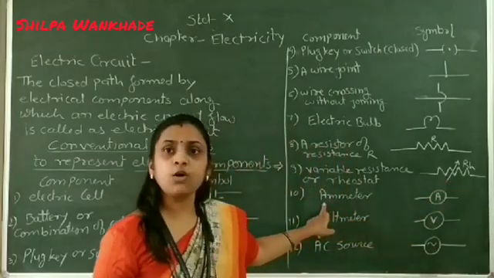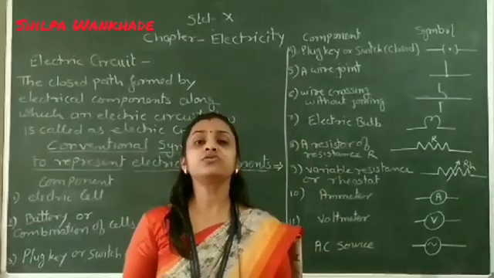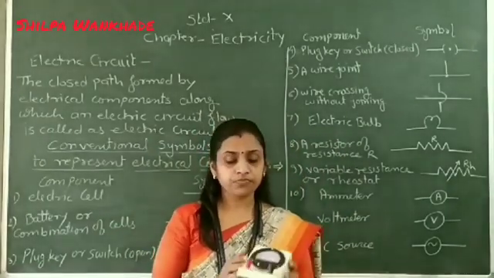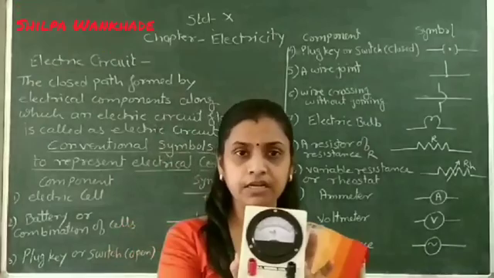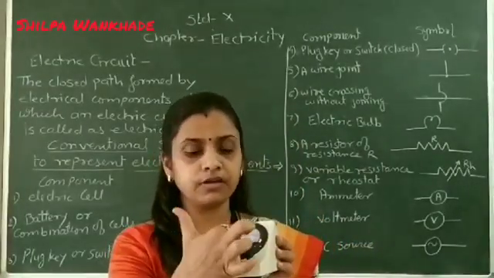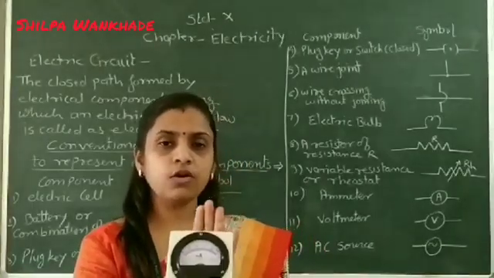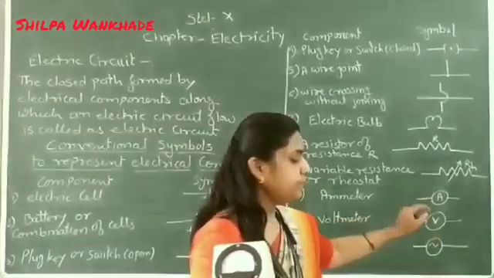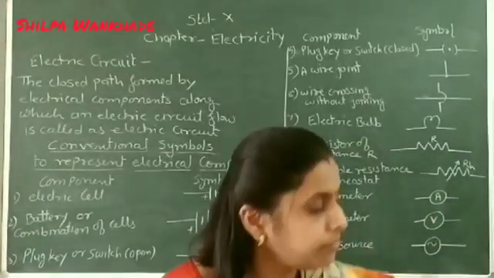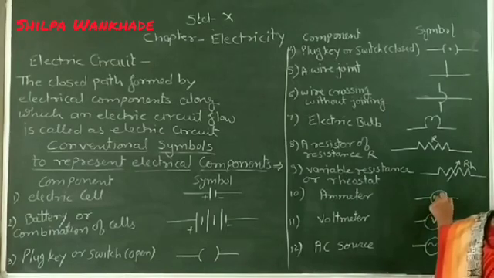Then the ammeter. Previously we have seen the ammeter. An ammeter is the instrument which is used to measure the electric current. Now this is a milliammeter, but it is also called an ammeter, though it measures the current in milliampere, therefore it is called a milliammeter. If it is a milliammeter, then we can mark it like this, mA.